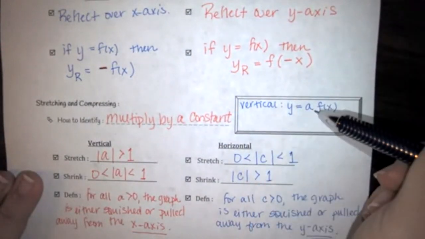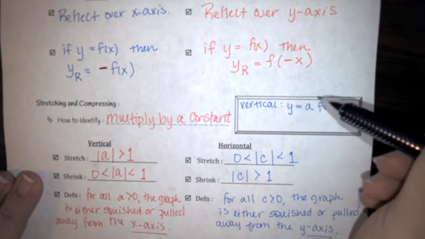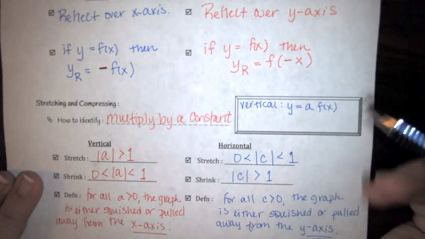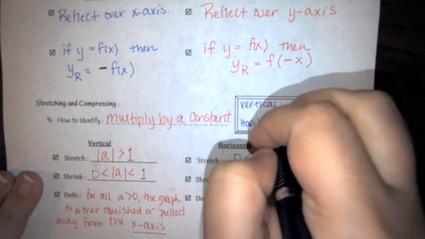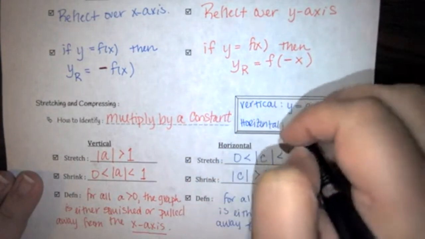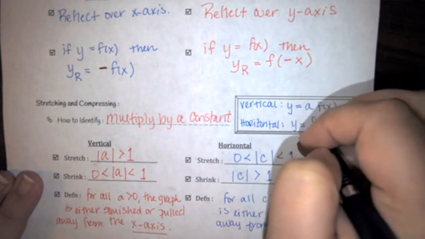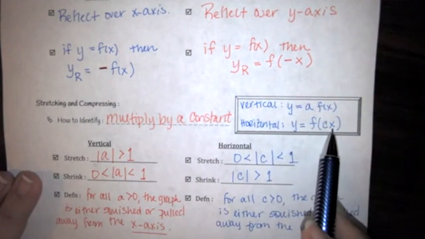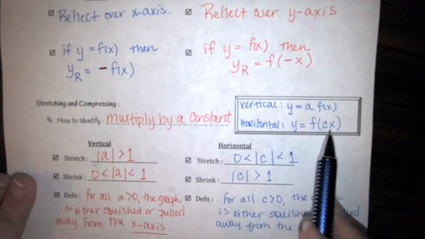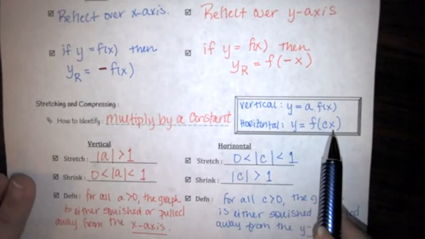Notice a is on the outside, and notice it is just simply a positive value. When we have the horizontal, we are talking about y equaling f of cx. Notice it is being applied inside directly onto the x, so it is an internal.